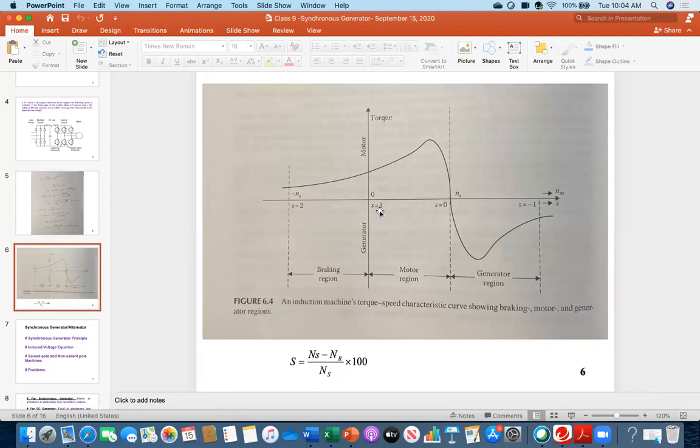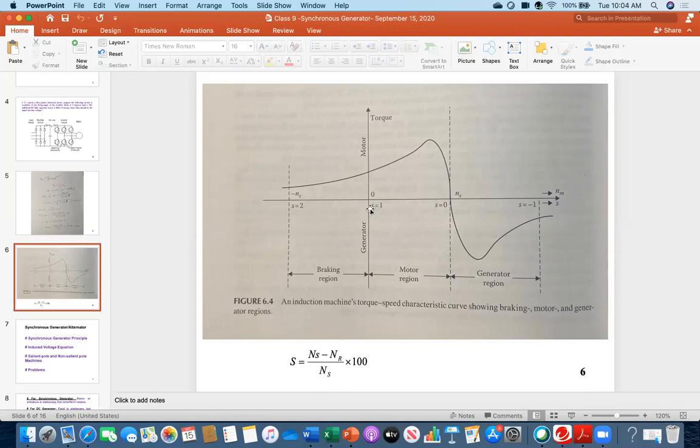You applied stator voltage, which created a rotating magnetic field. That rotating magnetic field caused the rotor voltage, hence rotor current, rotor flux, and then some torque developed, but the motor has not started running. That is the meaning. nr is 0 at that moment, but the slip value is 1.